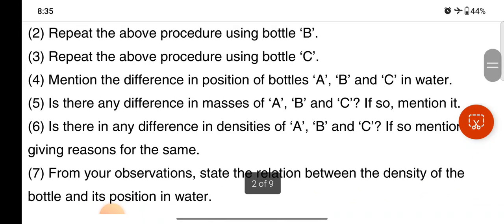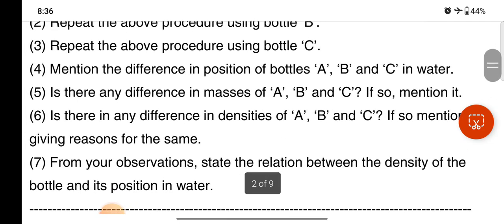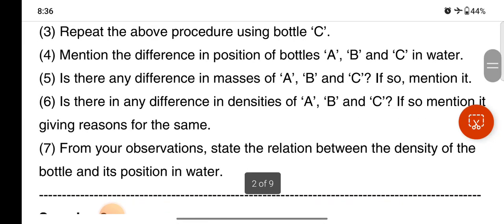Fifth, is there any difference in masses of A, B and C? If so, mention it. Number 6, is there any difference in densities of A, B and C? If so, mention it, giving reasons for the same.